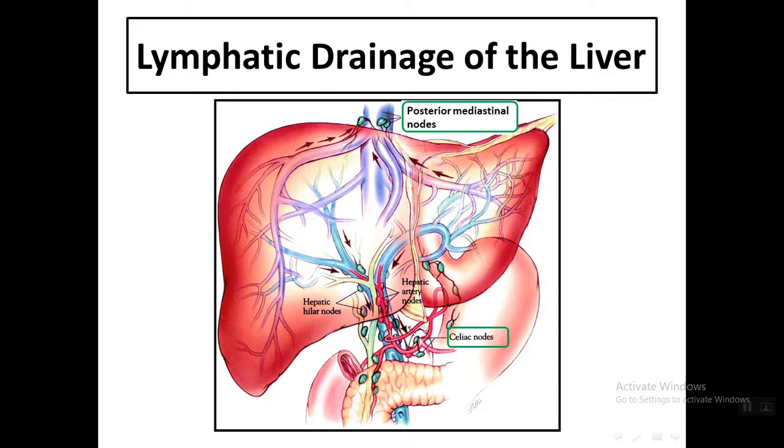Its lymphatic drainage will end in the celiac lymph nodes around the origin of the celiac trunk, while the bare area of the liver, or the extraperitoneal area, because it is in close contact with the diaphragm, will drain the lymph into the posterior mediastinal lymph nodes.